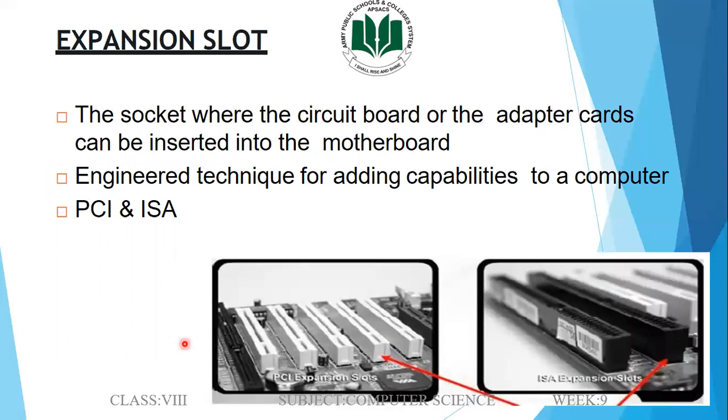Students, here is the image of the expansion slot. These slots are on the motherboard. This is the socket where the circuit board or the adapter card can be inserted into the motherboard.